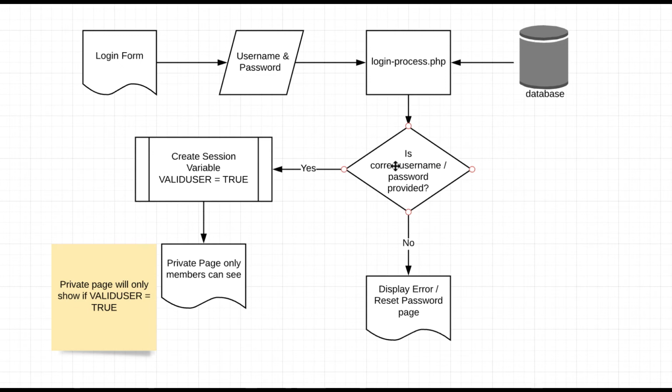It needs to compare the value that the user has given it against the value that we know is correct from the database. Now if it hasn't provided a correct password, we're going to display some sort of error message. Maybe we want to give them the option to reset the password.